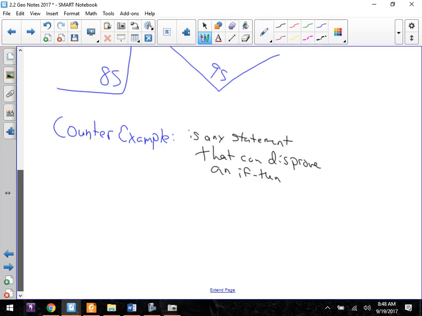If it is Tuesday, then I'm going to have corned beef. Well, I didn't have corned beef today. I'm not going to have corned beef. I'll just make something else up. It's anything that can disprove something. Like I said, if it's second hour, then students are in geometry. Well, not all students are in geometry second hour. You can say some students are in English.